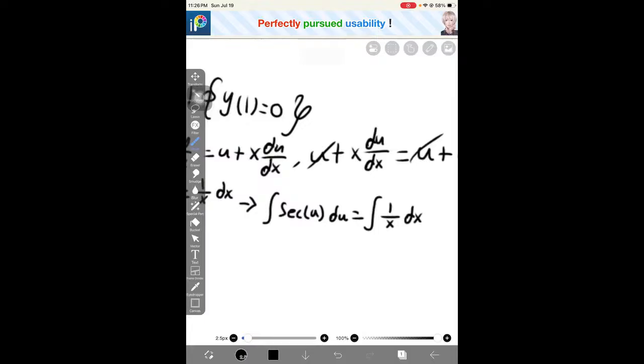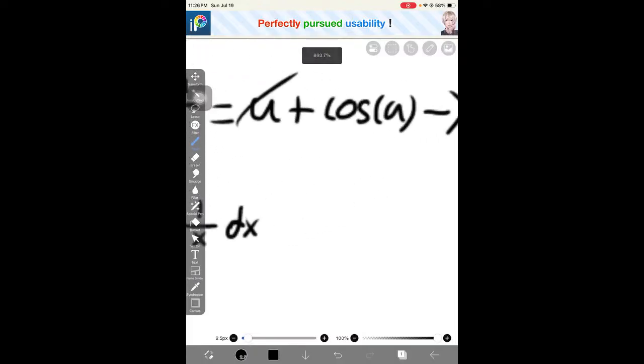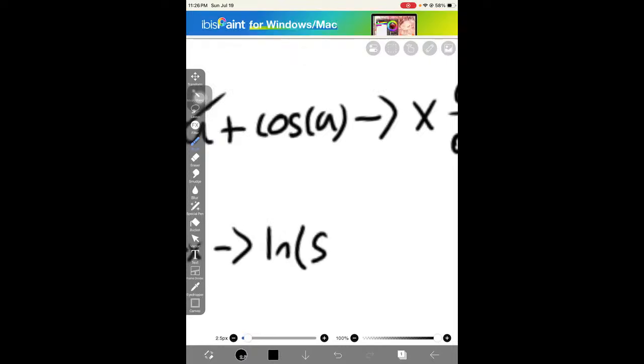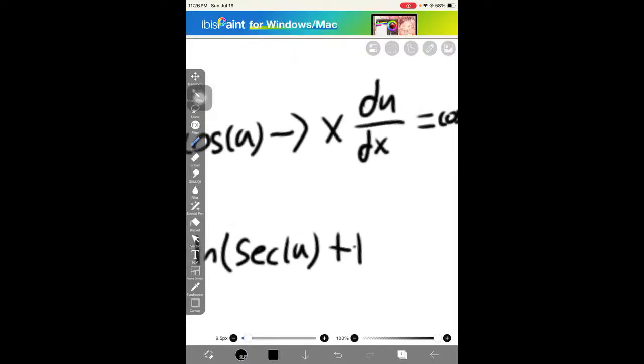So the integral of secant of u, so I think that's natural, if I'm correct, that's the natural log of secant of u plus tangent of u.